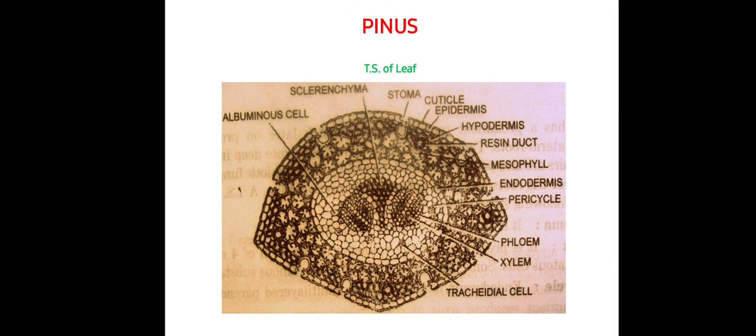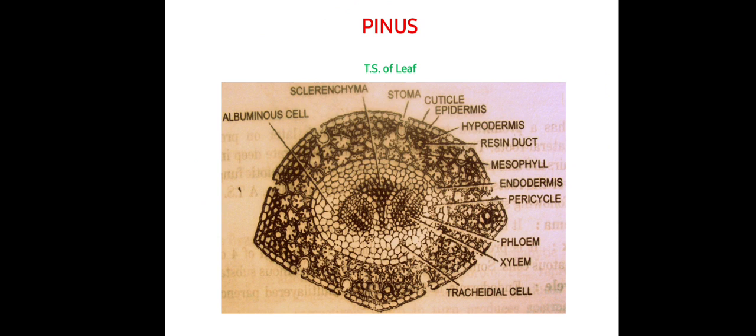Coming to the epidermis, it is one cell thick without any intercellular spaces, and here and there sunken haplocheilic stomata are present. A thick cuticle is present over the epidermis.